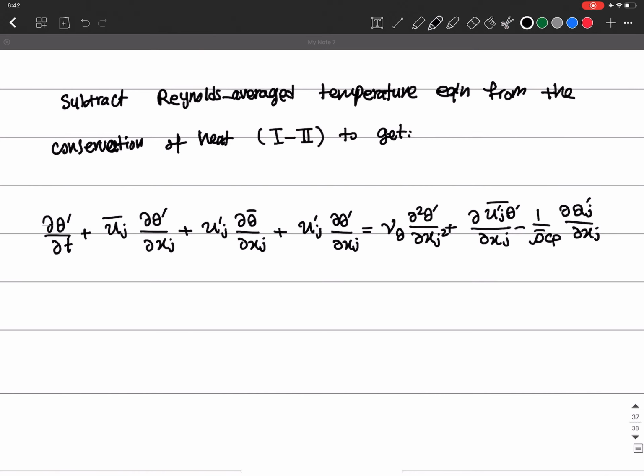Okay, so this is the equation that we are going to get simply by subtracting the Reynolds average temperature equation from the conservation of heat equation.